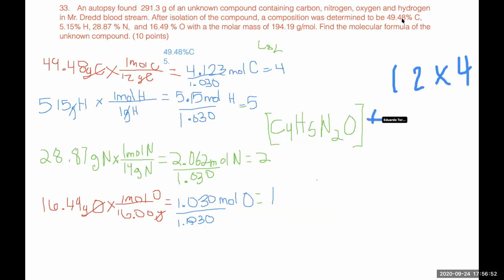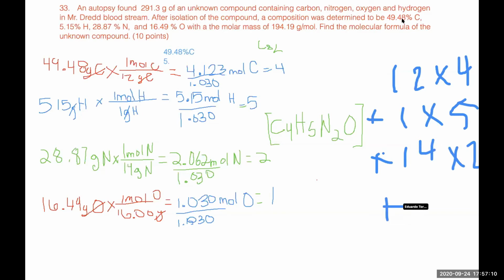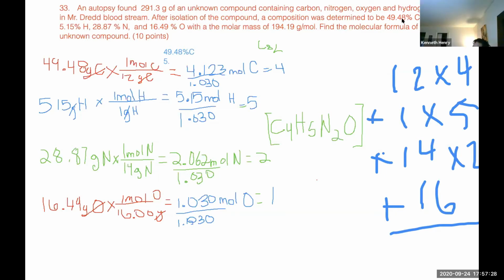All right. Then the hydrogen is 1 times 5. And for the nitrogen, it's 14 times 2. And then there's only 1 oxygen, so it's 16. So 12 times 4 is 48.